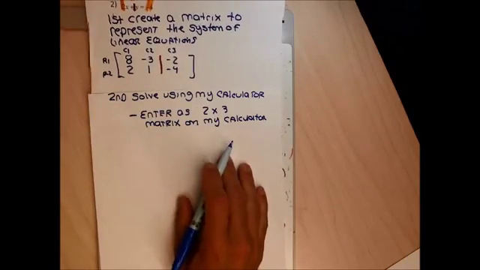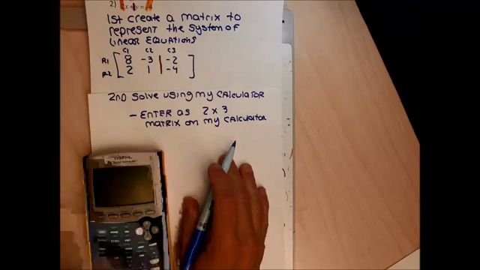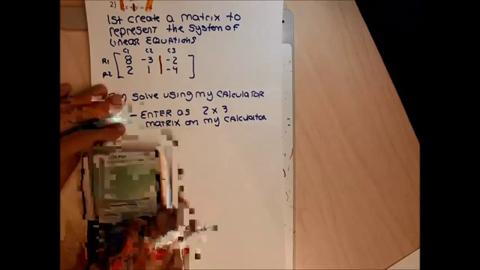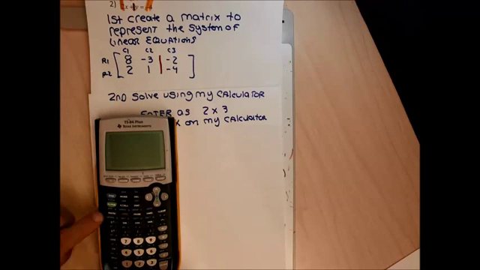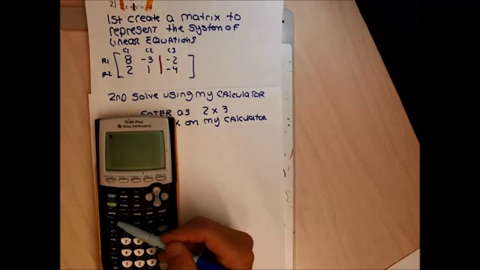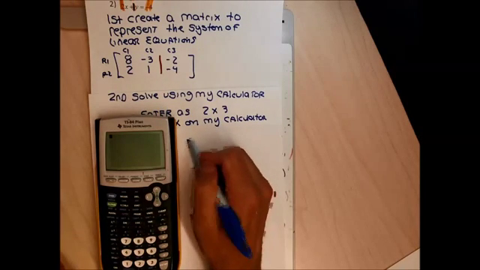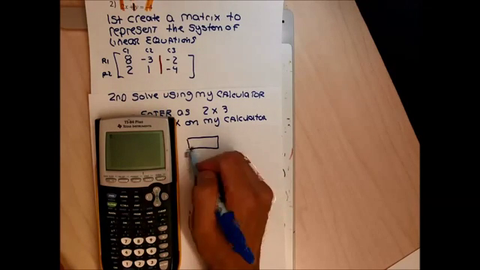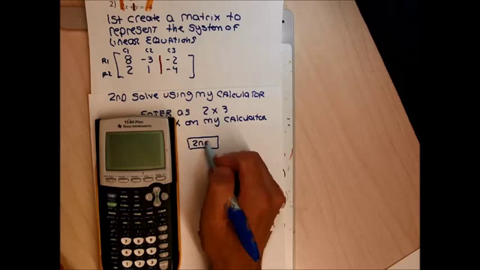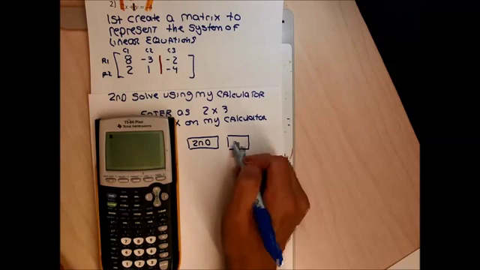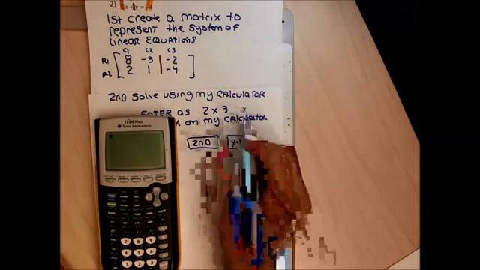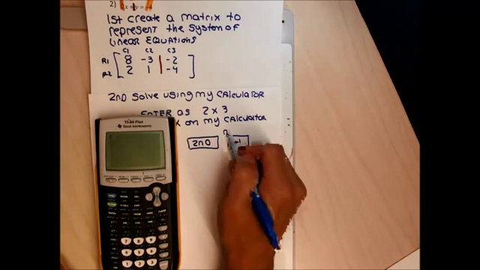So now to do that, I get my calculator up here. I have my calculator on. In my calculator, the matrix is written in blue above the X inverse key. So I'm going to hit the second button, and the X inverse key, not because I want the X inverse, but because I want the word matrix that's above it.